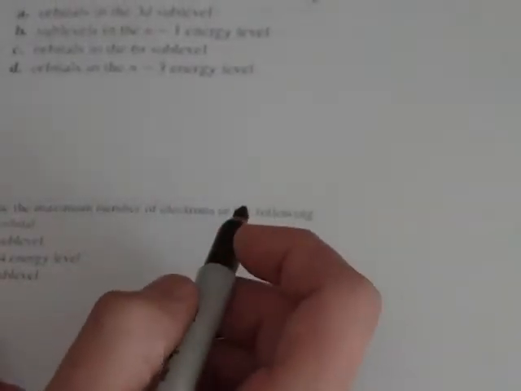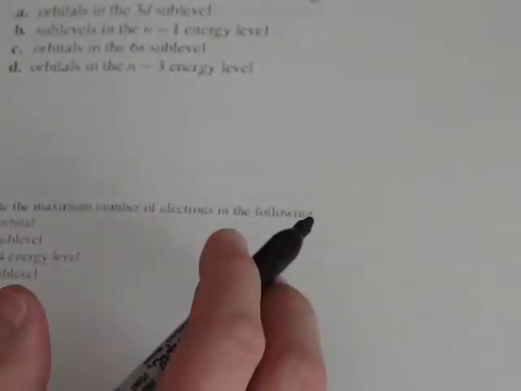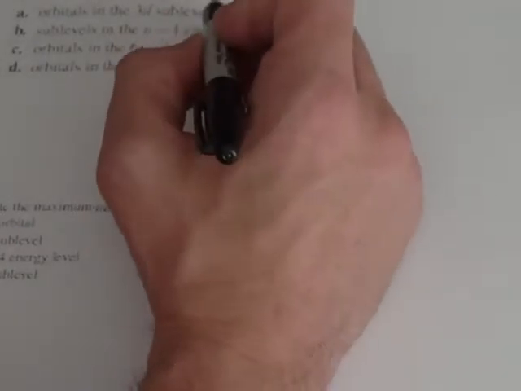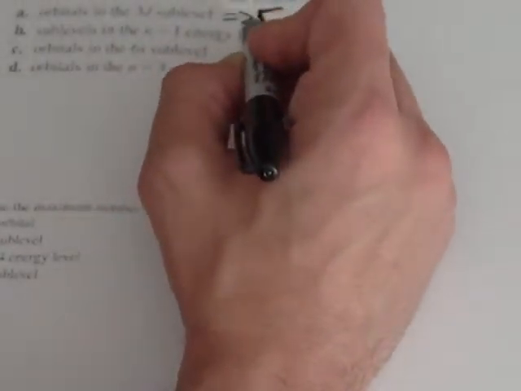All right, we'll work a couple of these orbital questions. The number of orbitals in the 3d sublevel. You can use that picture in the book, but you should remember that the number of orbitals is going to be equal to 5.